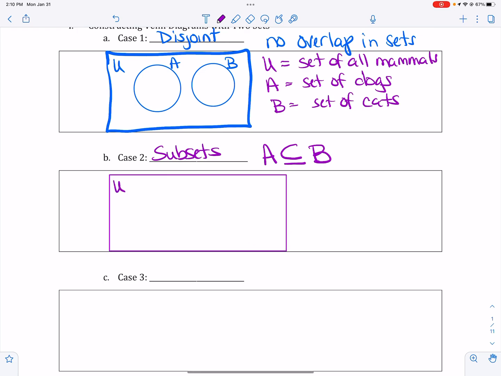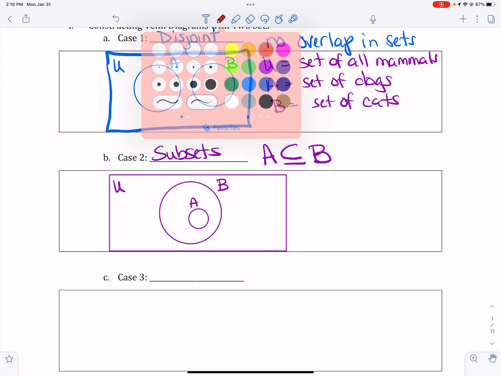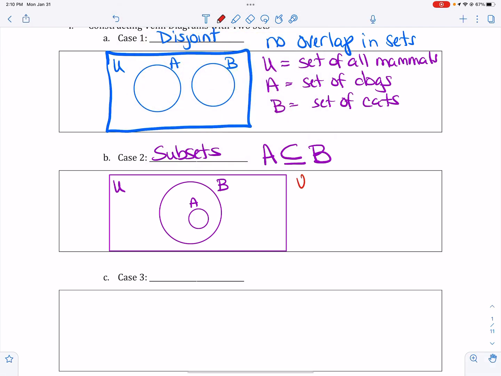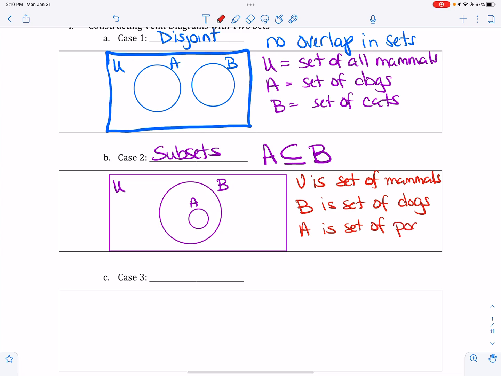We're going to call that U. We're going to have a big set B. And then we're going to have a little set A. So this is B and this is A. And A is contained in B. So U is the set of mammals, and B is the set of dogs, and A is the set of poodles.